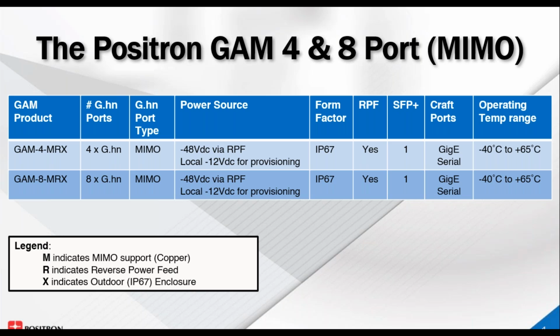Reverse power feed is for those areas where there's no local power and it is complex, expensive, worrisome, or the building owner doesn't want to provide the power to begin with, and then you can deal with it with reverse power feed. And they're all extended temperature, so minus 40 C to plus 65. So whether you're in Alaska or Arizona, you can deploy the GAM without any concerns.